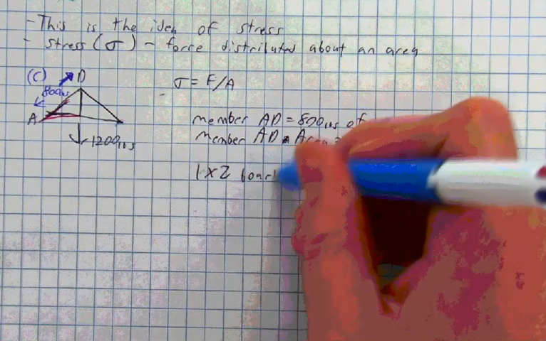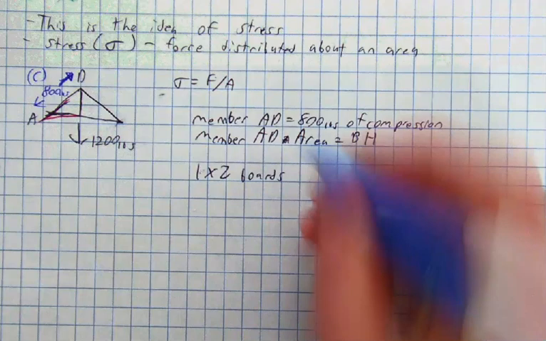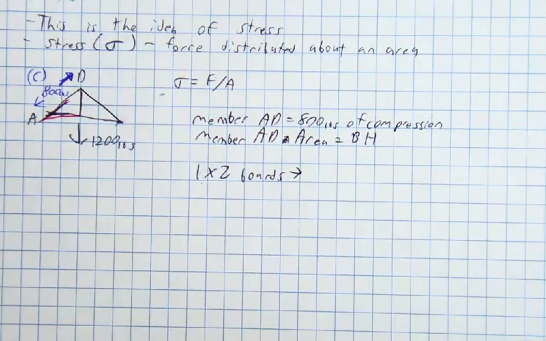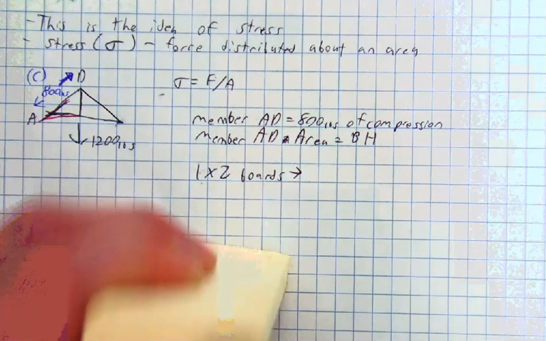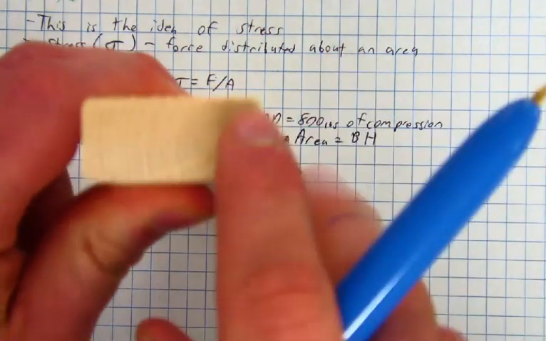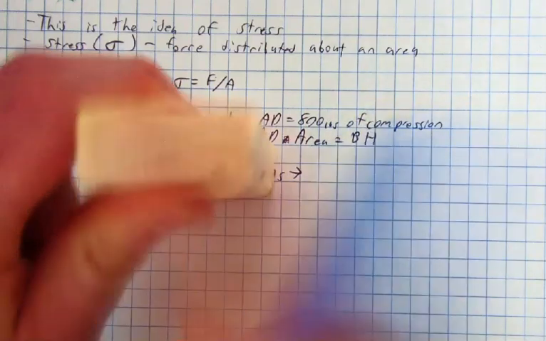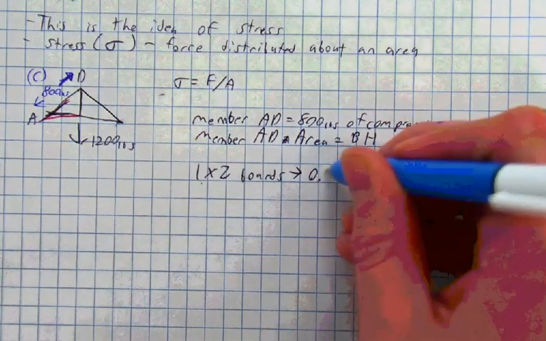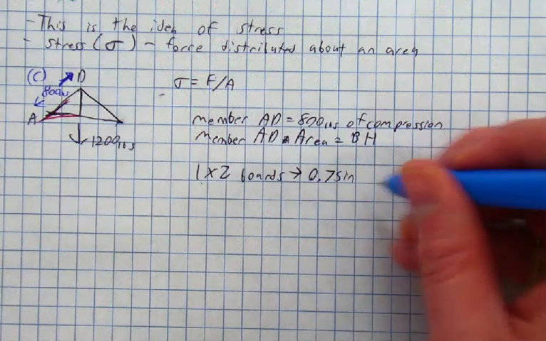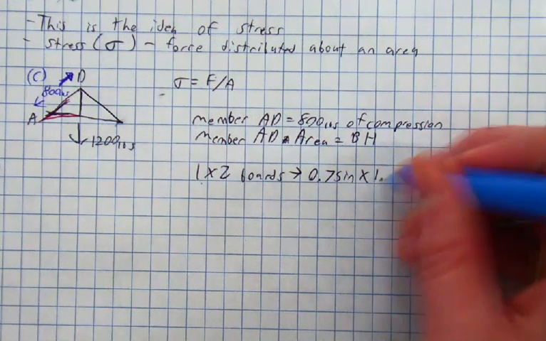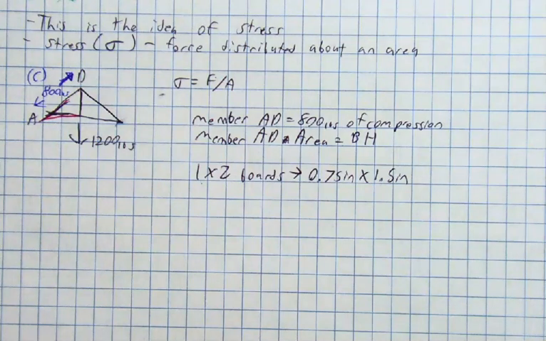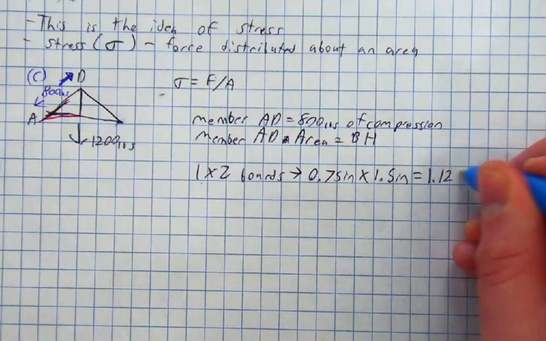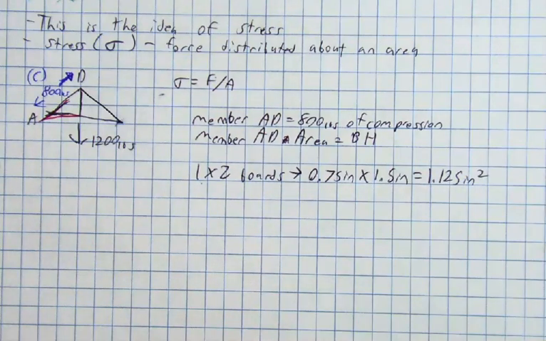Which for some reason, probably a very good reason, but not one we'll discuss in this class, 1x2s are not really 1 inch by 2 inches. If you measure it, it's about 3/4 of an inch by 1.5 inches. So it's really 0.75 inches multiplied by 1.5 inches, which, I'll save you the math, you get about 1.125 inches squared for your area.